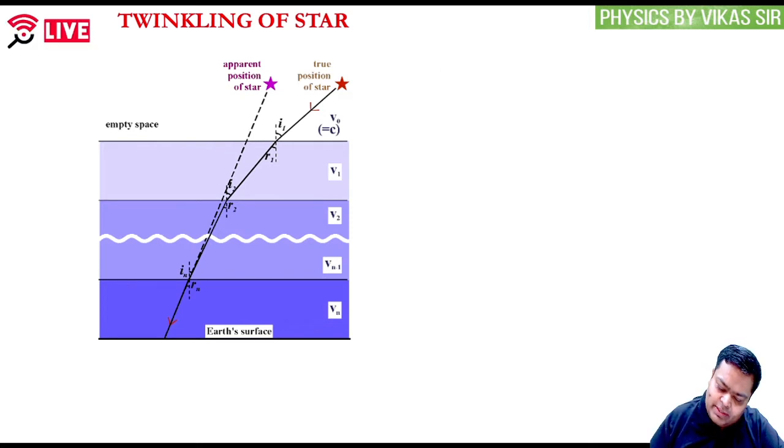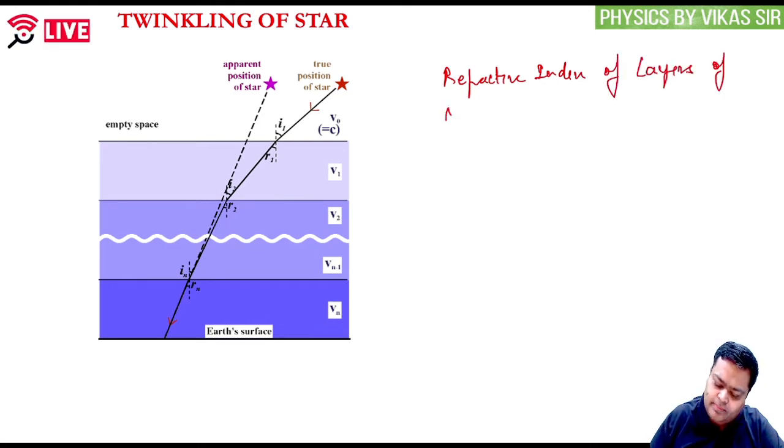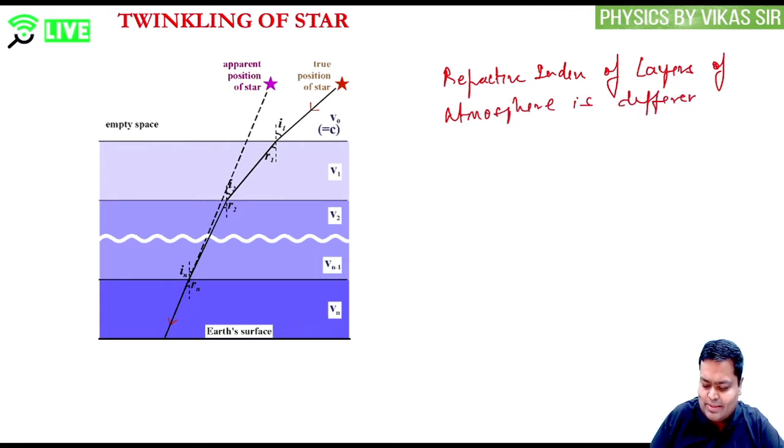So the refractive index of the layers of the atmosphere is different. This is one of the reasons.